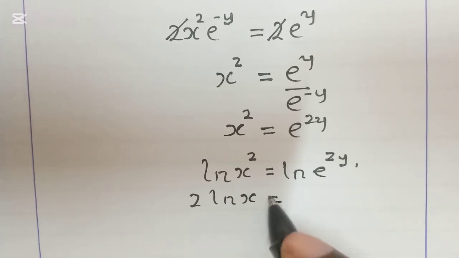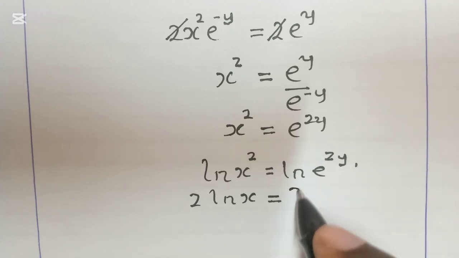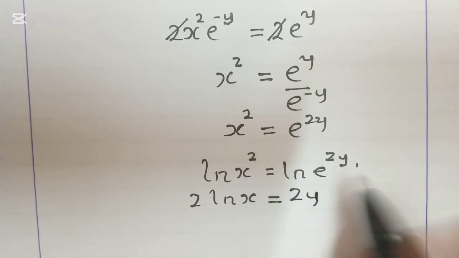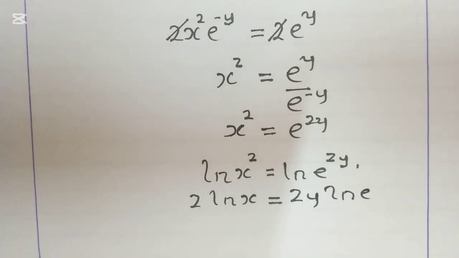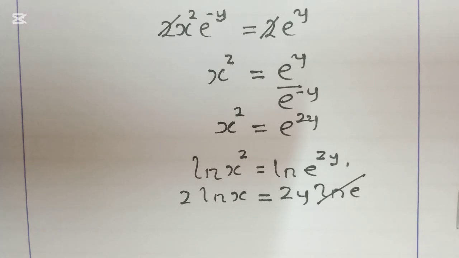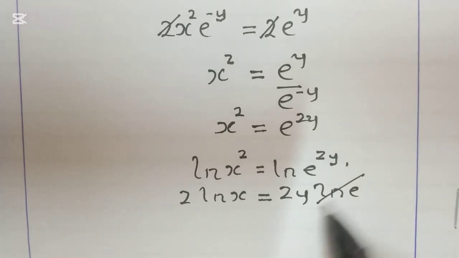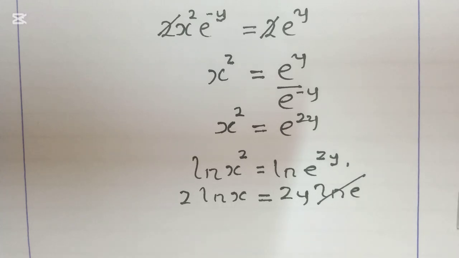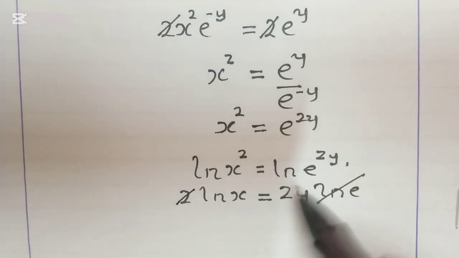And the same case goes to 2y. This 2y, I can put it here in front. So when I do that, guys, this one is going to cancel, because it's now log e to base e, which is 1. Then even my 2's here are going to cancel.